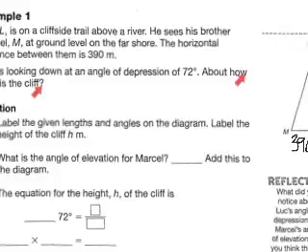So if here's the horizontal and this right here, this big space, is the angle of depression, 72 degrees, we can use our knowledge about that Z pattern, those alternating interior angles, in order to help us do some solving on this particular diagram.